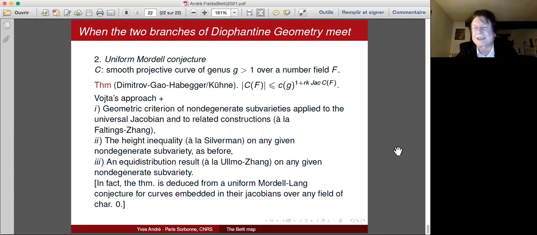Maybe the general statement is a bit more complicated. Which paper of Gao is this? He has several papers, right? Yes, but they are all very recent. Is it the one on the Betti map? He has a paper on the Betti map for abelian schemes, I think. Maybe I cannot tell you right now the title. One of his papers in the last 2 years anyway. Okay, thanks. Maybe other people have questions.